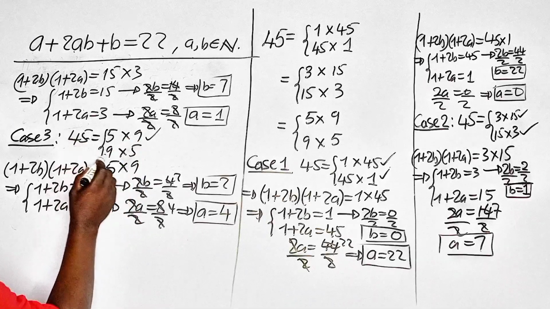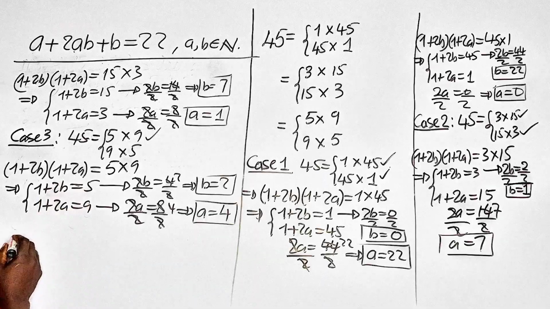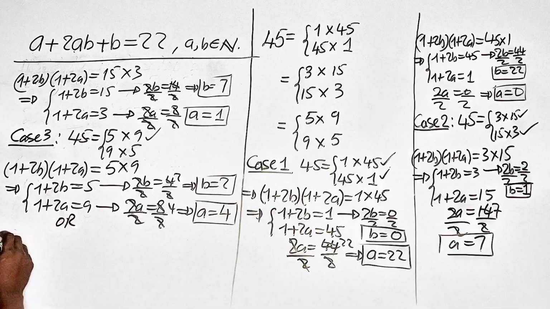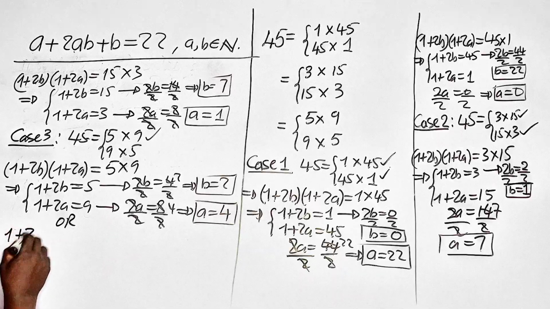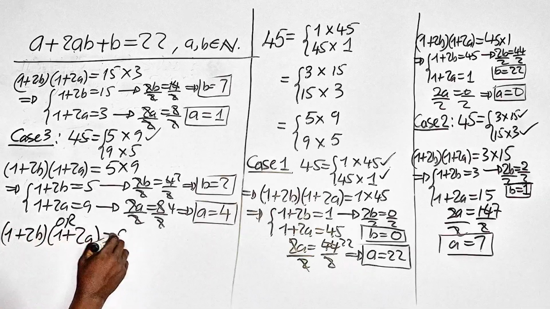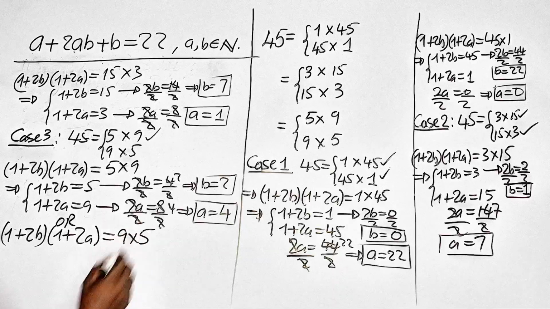Alright, where 45 is decomposed as 9 times 5. So we also have again the same product. So we're saying 1 plus 2b into 1 plus 2a is equal to 9 times 5.